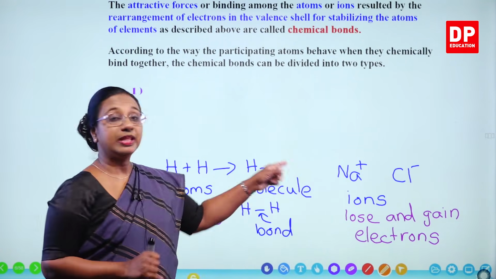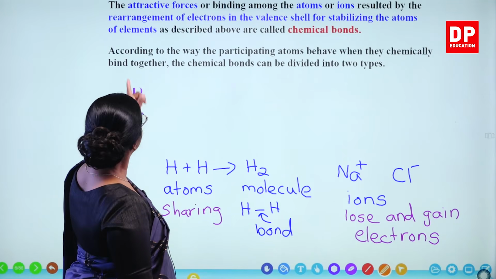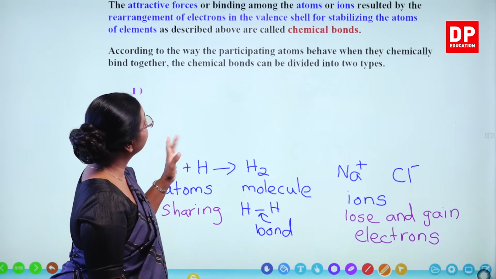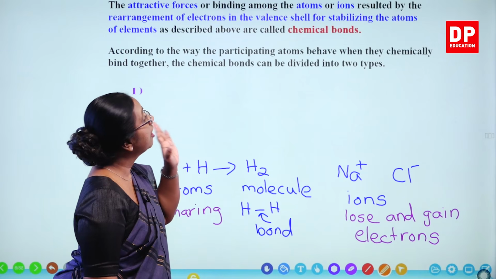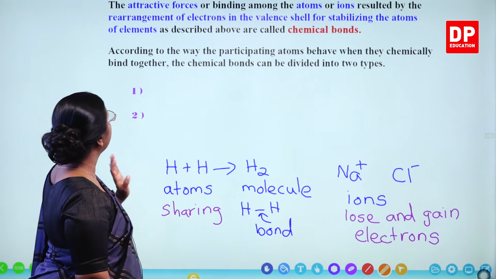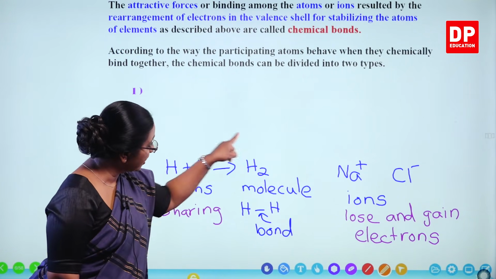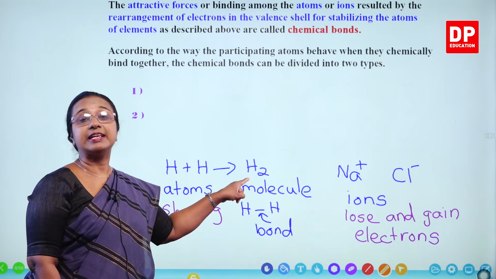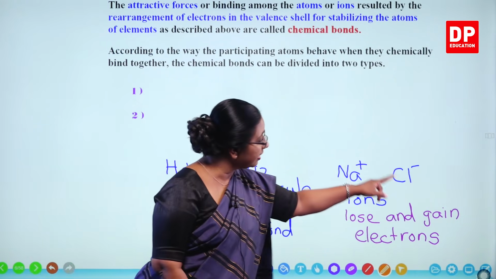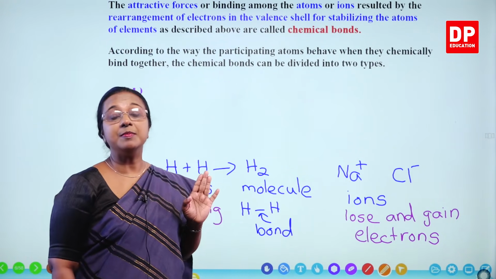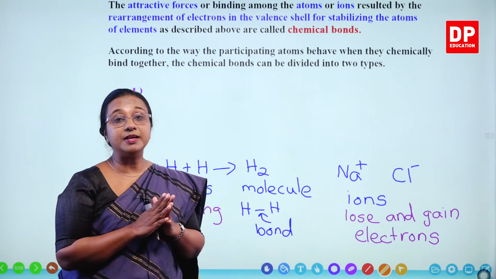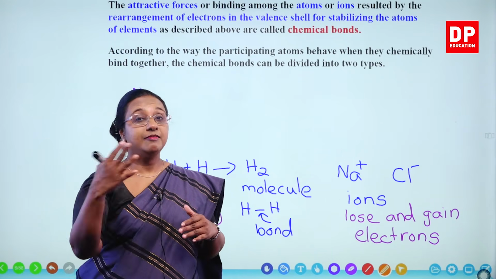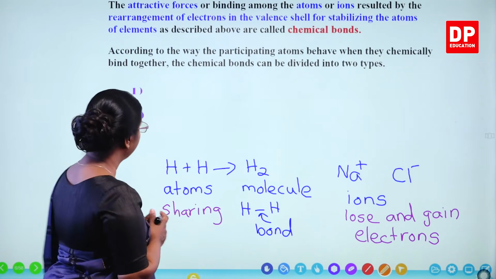So that is how they get the charges. So rearrangement of electrons in the valence shell for stabilizing the atoms of elements. So once the molecule is formed, the atoms are stable. Even when they form ions, they become stable once they form the ionic bond, giving rise to the ionic compound.